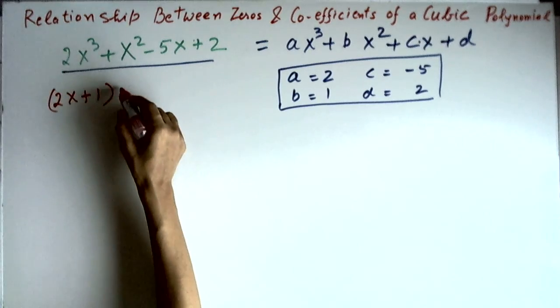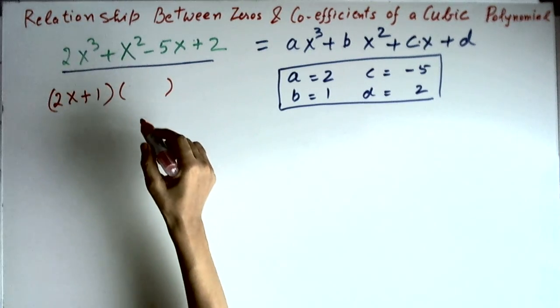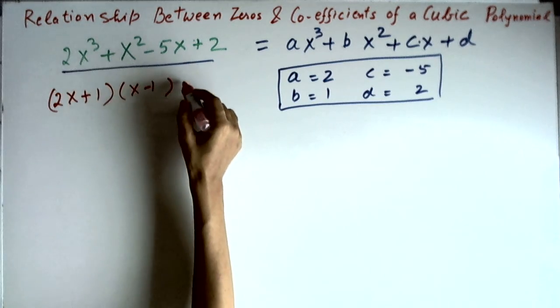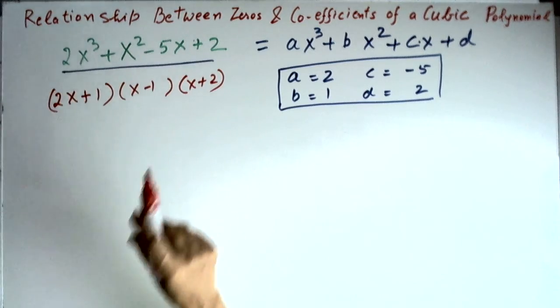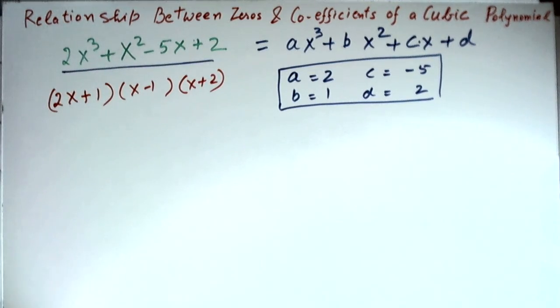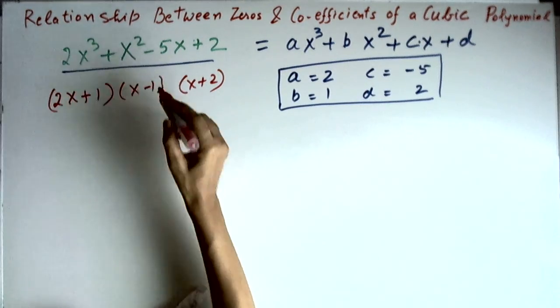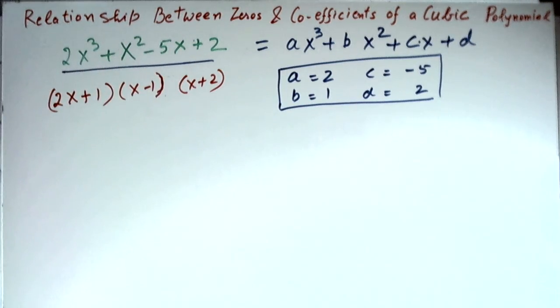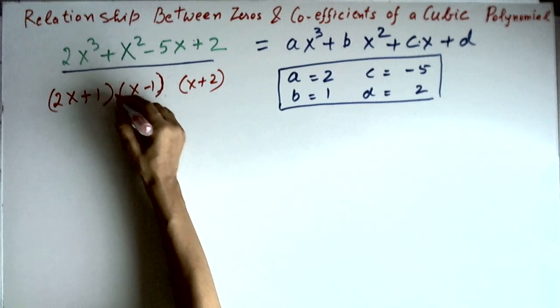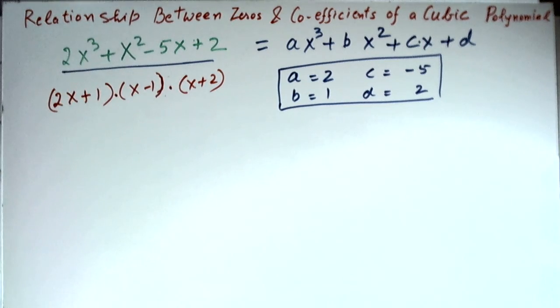We will find that these are the 3 factors of this cubic polynomial: 2x minus 1, x minus 1 and x plus 2. If we multiply these 3 factors, we will get the original cubic polynomial, which is 2x cube plus x square minus 5x plus 2.